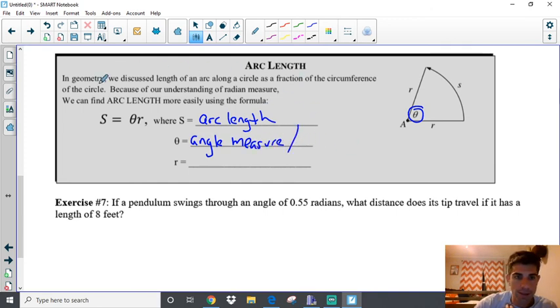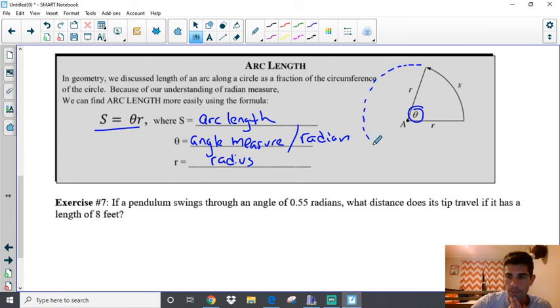Now, in this case, that angle measure can be in radians or degrees, but we're giving you S equals theta r. So this is when they're giving it to you in radians form. So you don't need the degree measure. And then r, that stands for your radius. Because again, that arrow is going around, makes a circle, so that's why your radius.